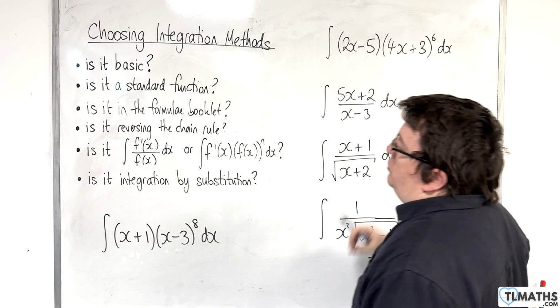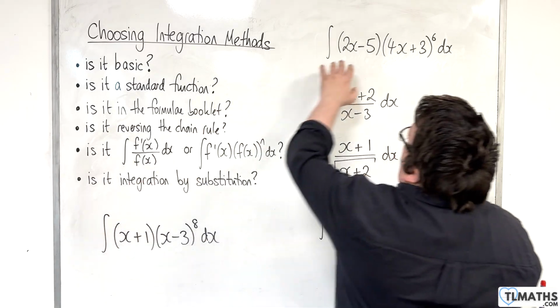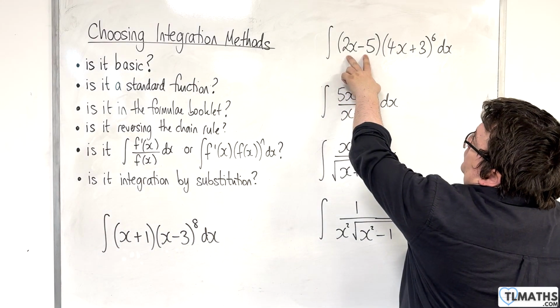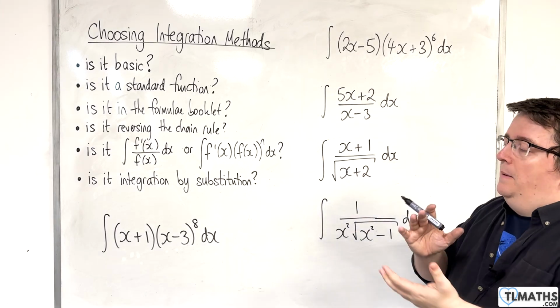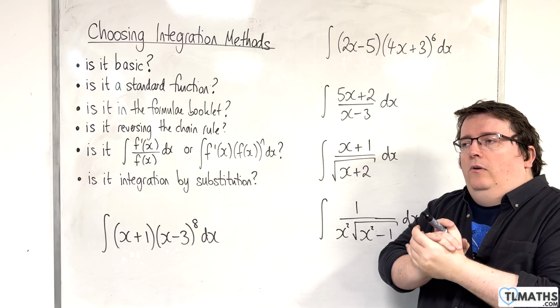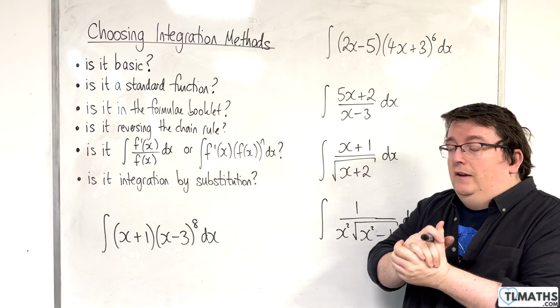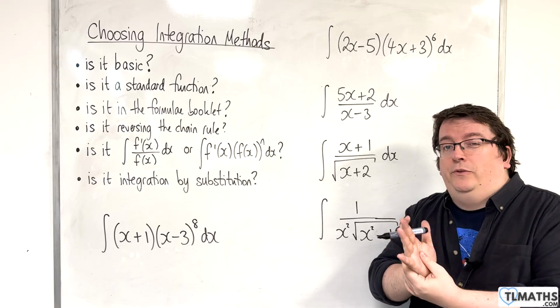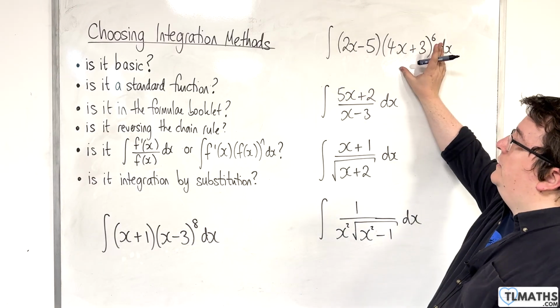If you're using integration by parts, you would choose u to be x plus 1, u to be 2x take away 5. If you're doing that, you'll end up reversing the chain rule twice. It's a bit more messy, I would say. I would probably stick to integration by substitution for these.